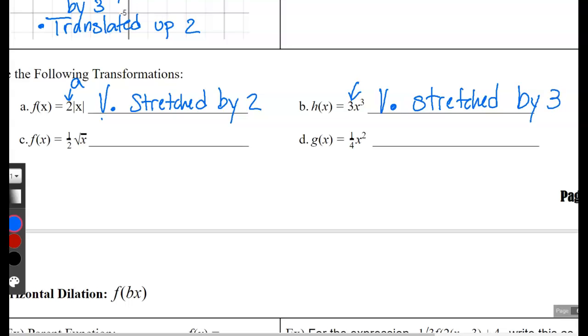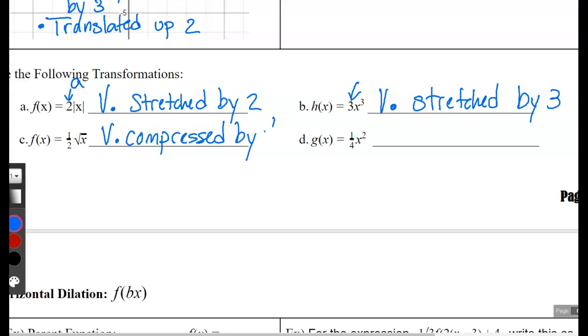Okay, on part C, 1/2 the square root of x. Eli, what's our first word? Vertically compressed. And how did you know it was compressed? Because a is less than 1. It's a fraction.